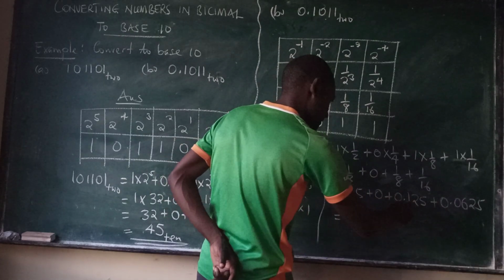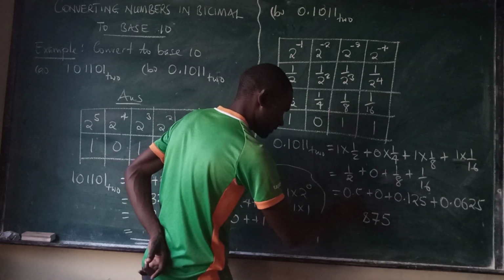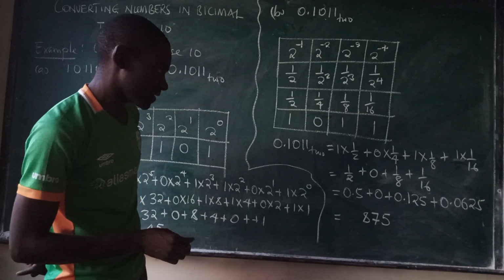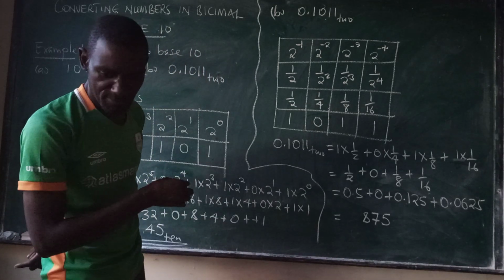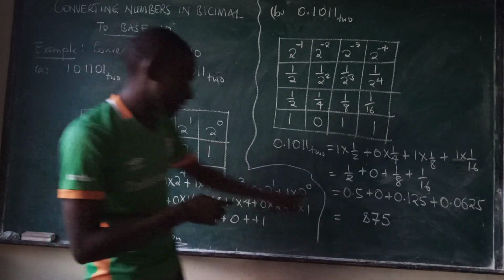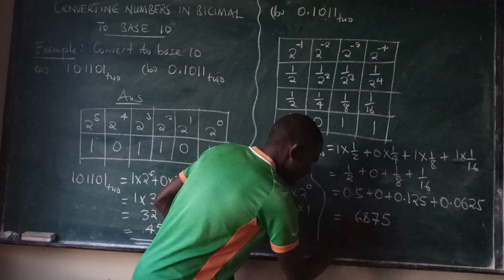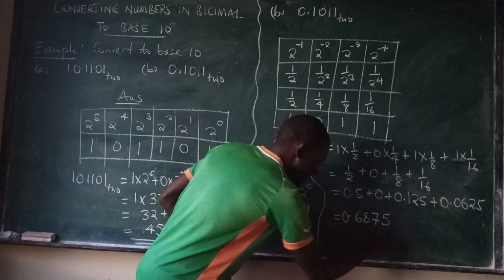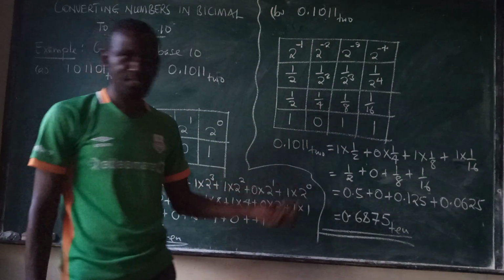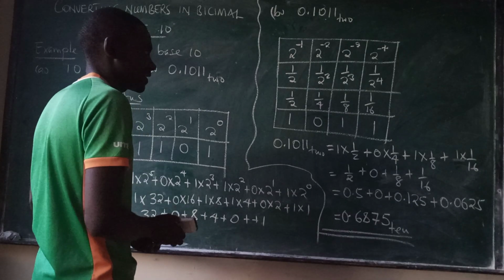Then this 0, with the same place value as the 1, the 7 and the 5, gives us 7. 5 plus 1, that is just 6. So in base 10, this is going to be our answer. Basically, it is just adding what we have there.